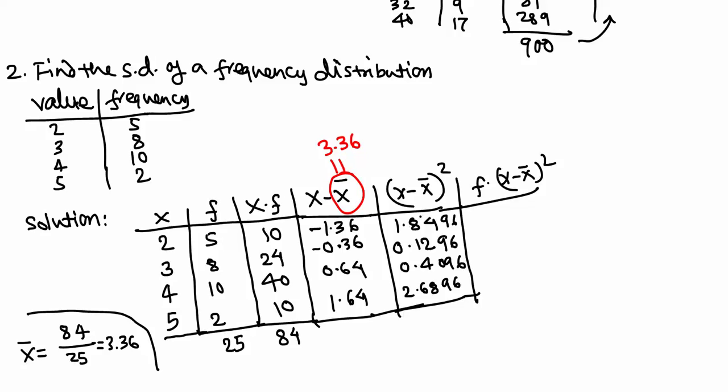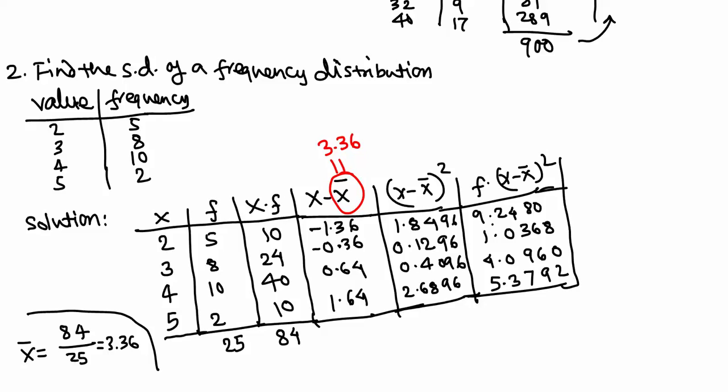So 5 times 1.8496 is 9.2480. 8 times 0.1296 is 1.0368, then 4.0960. 2 times 2.6896 is 5.3792. Now we add these numbers, and if we add all, we get 19.76.